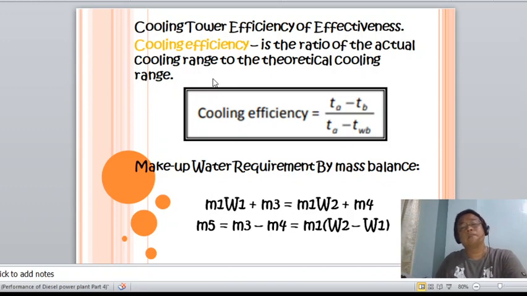Another, we have the makeup water requirements. By mass balance, you can easily determine the mass of water.